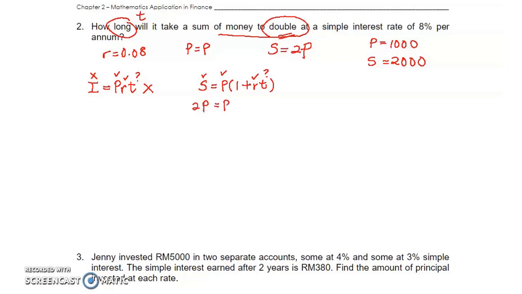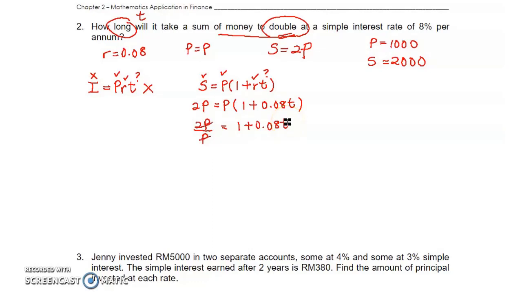So in general, 2P equal to P(1 + 0.08T). Bring this P to the left hand side: 2P divided by P equal to 1 plus 0.08T.